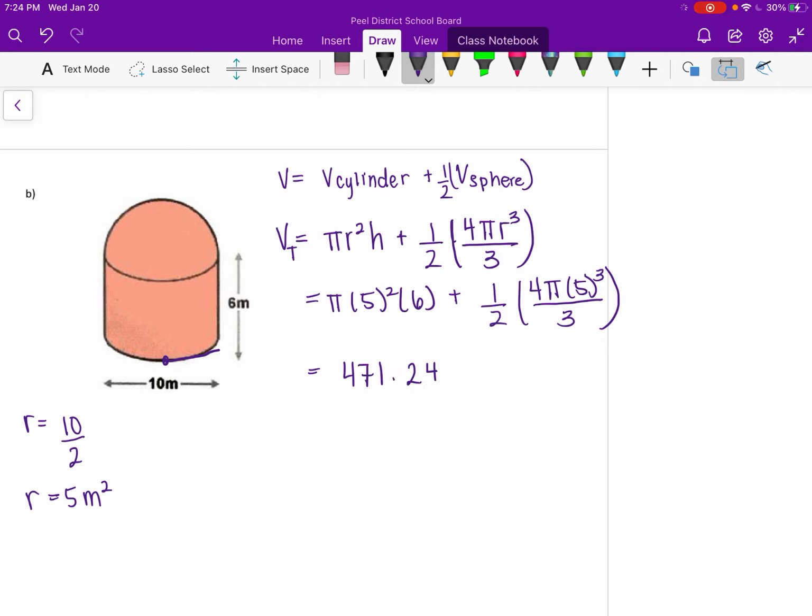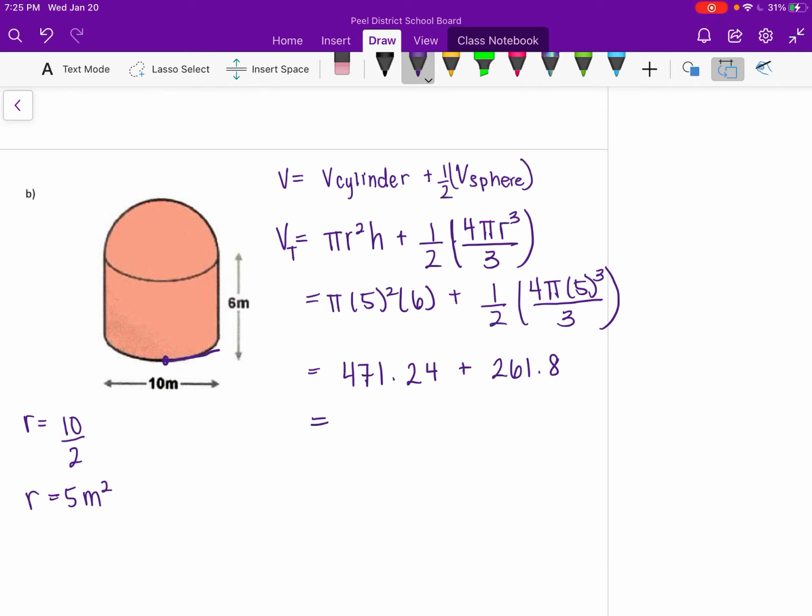And 5 cubed is 125, times 4 pi is about 1570, and then dividing that by 3 gives me 523.5987756, and times that by 0.5, which is just half, gives me 261.8. I did that all in my calculator because I wanted to keep as many decimal places as possible.